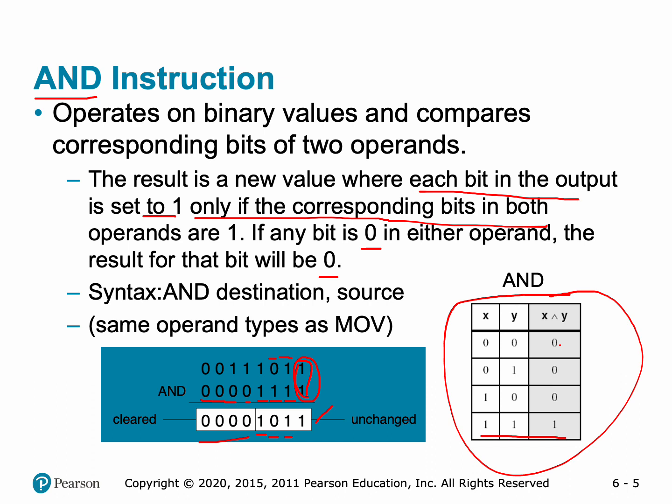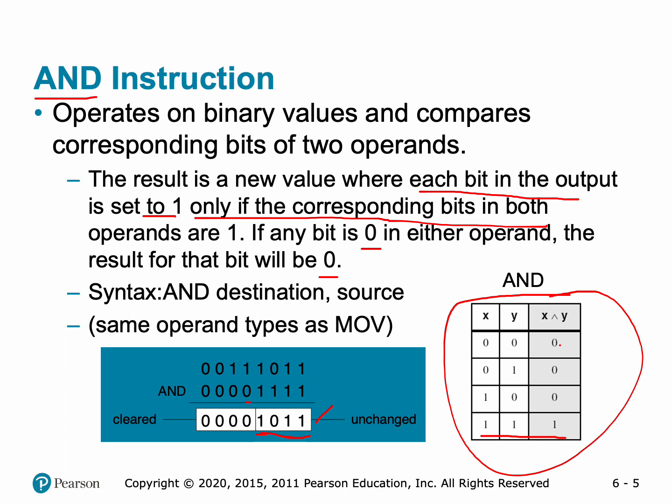So what you notice, let me erase all this here. What we notice in this example is that this side was unchanged. So notice that this is the answer right here, or the result.